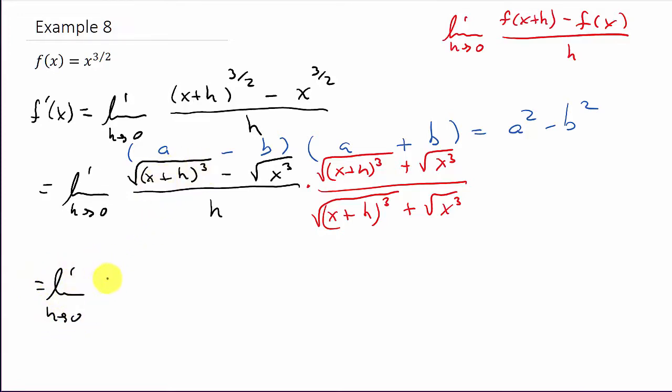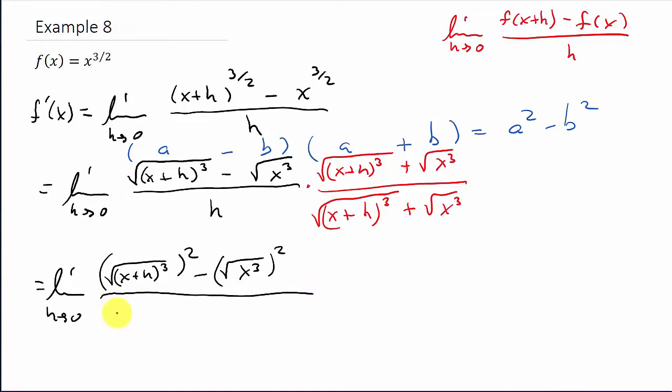So here's a, so that's the square root of x plus h cubed, squared, minus the square root of x cubed, squared. Okay, see there's a squared minus, well, not that minus, but minus b squared. And that is all over h times the square root of x plus h cubed plus the square root of x cubed.